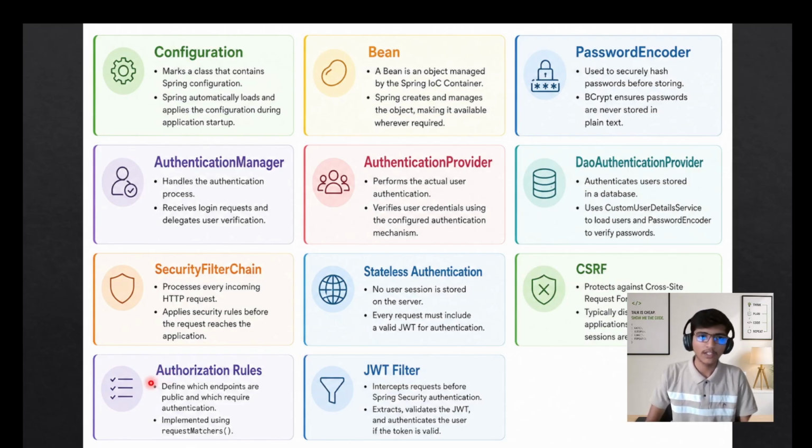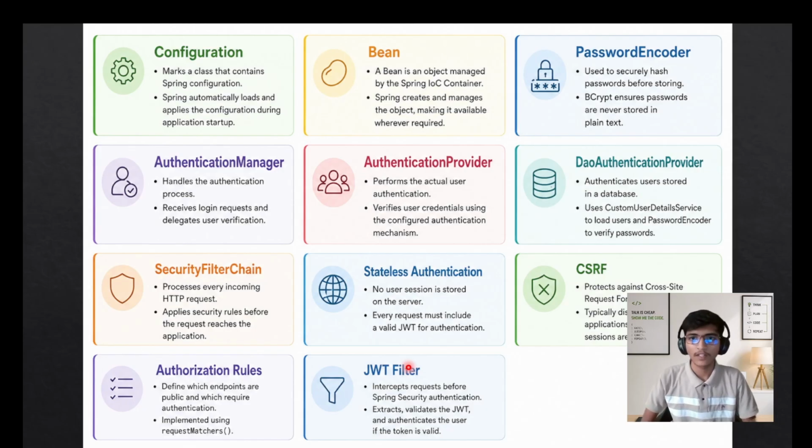Then authorization rules will come. Basically, requestMatchers is the syntax used to define which APIs are public and which require authentication. For example, login and registration APIs should be accessible without authentication, while profile, wallet, and trading APIs should only be accessible after the user has logged in.